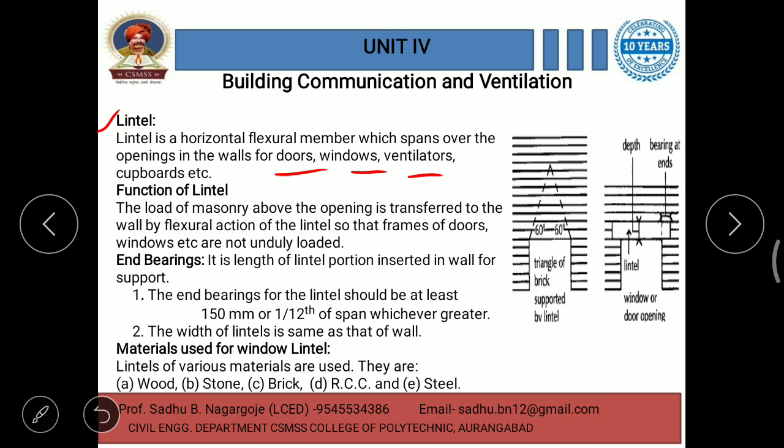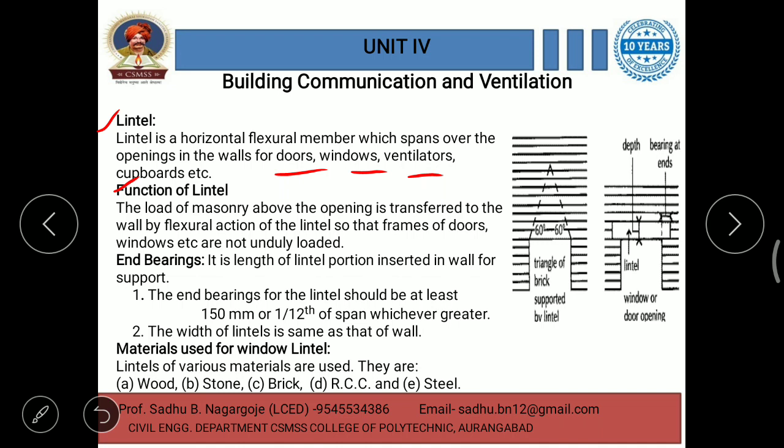The major functions of lintels are that the load of masonry above the opening is transferred to the wall by flexural action of the lintel so that frames of doors, windows are not unduly loaded.